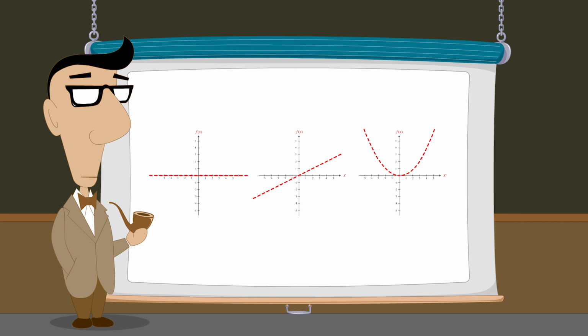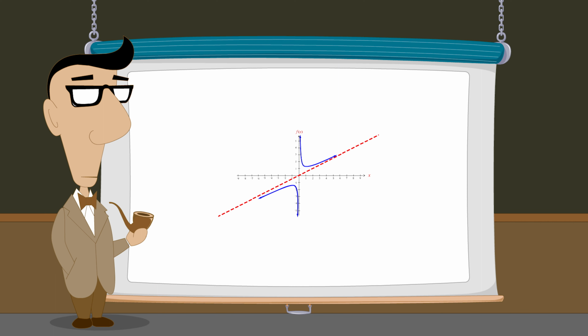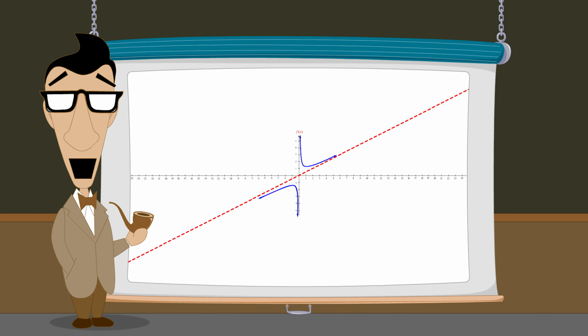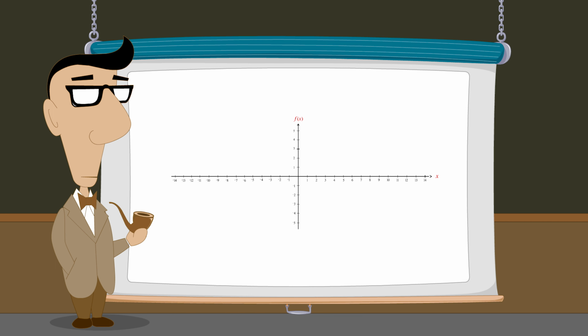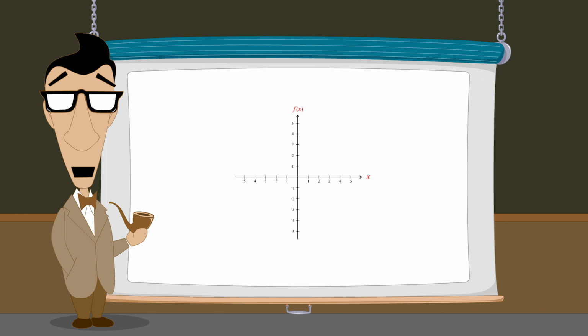As x takes on large positive or negative values, a rational function's graph will always approach the graph of a polynomial function that describes a non-vertical asymptote. In this example, the graph approaches an asymptote described by the polynomial function f of x equals 1/2 x. The simplest non-vertical asymptotes are horizontal lines.